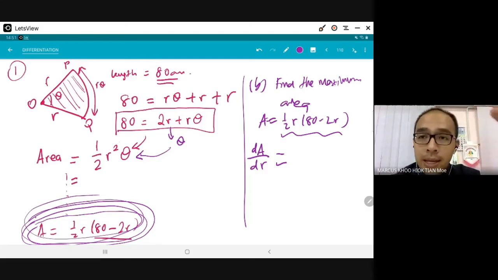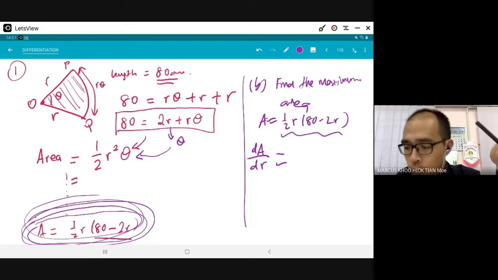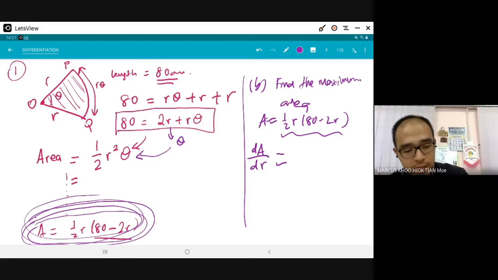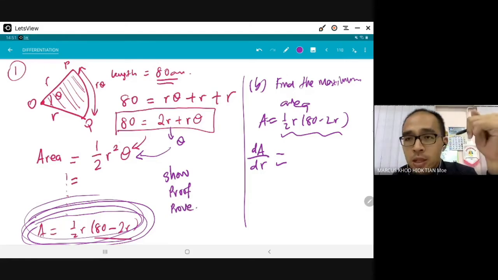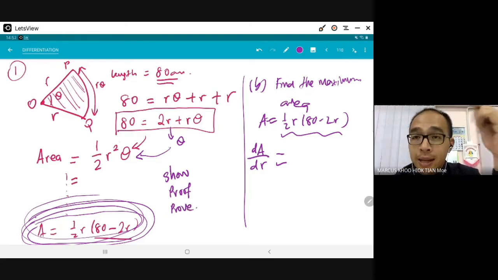Let's say during exam lah, what if you don't know how to do question A? You don't know how to show. Okay, can you still do question B? You can, because show questions, soalan show lah, okay, atau proof, soalan membuktikan, soalan tunjukkan. The answer is already there. They've already given you the answer.